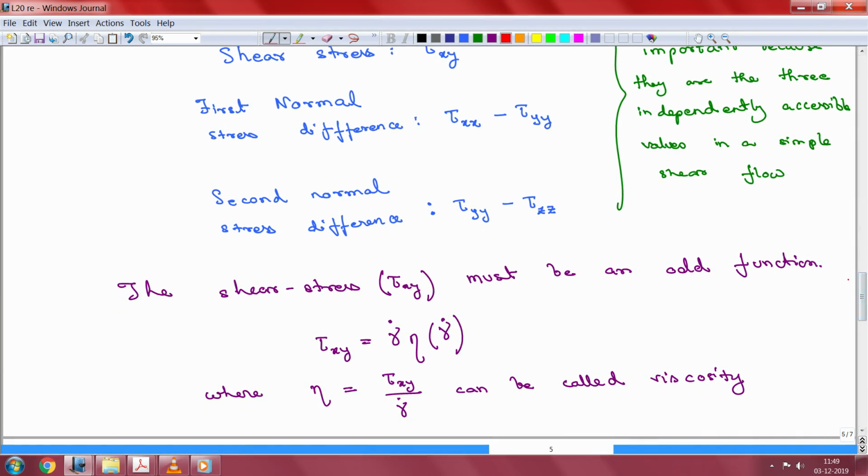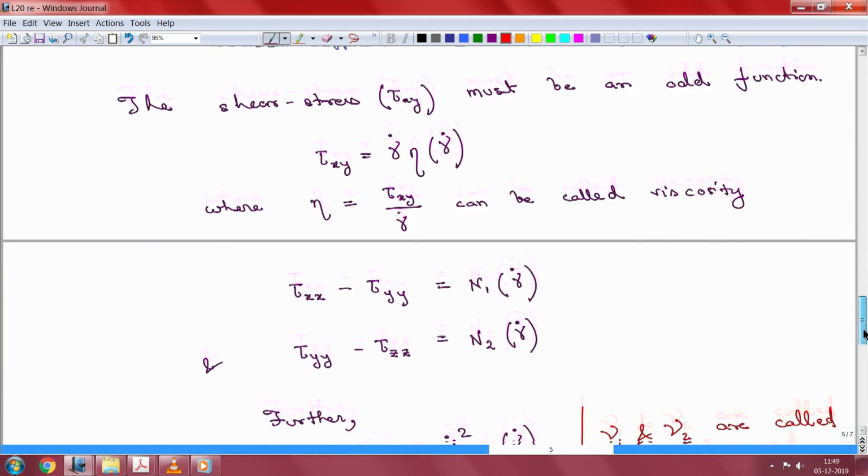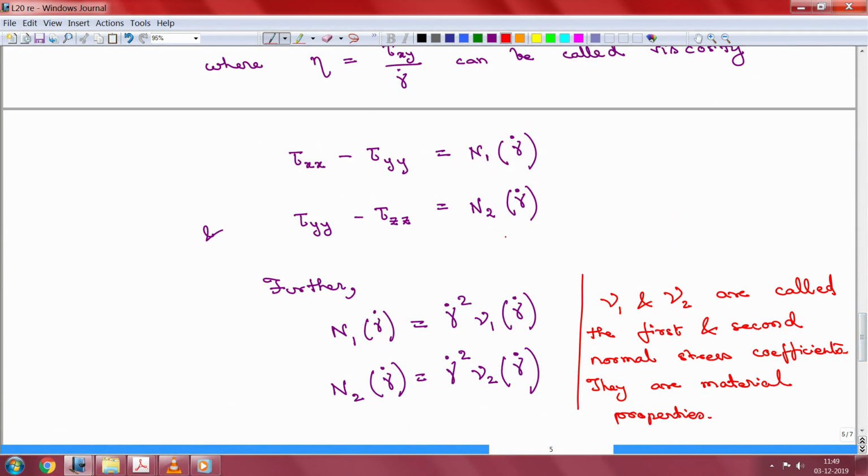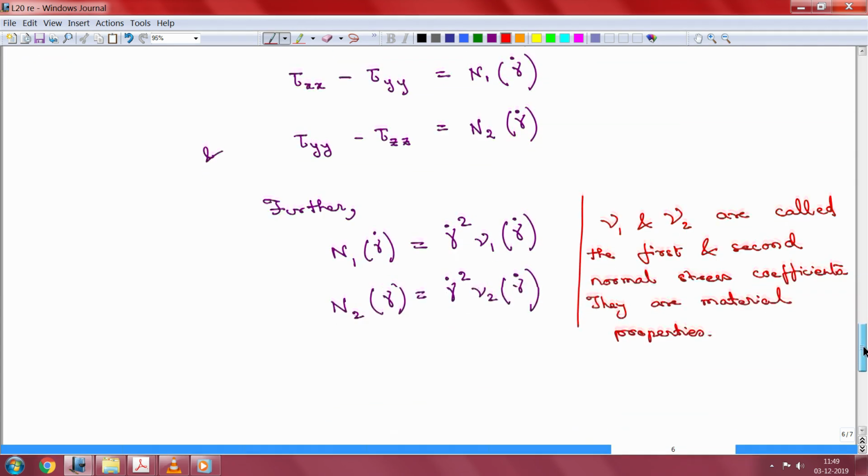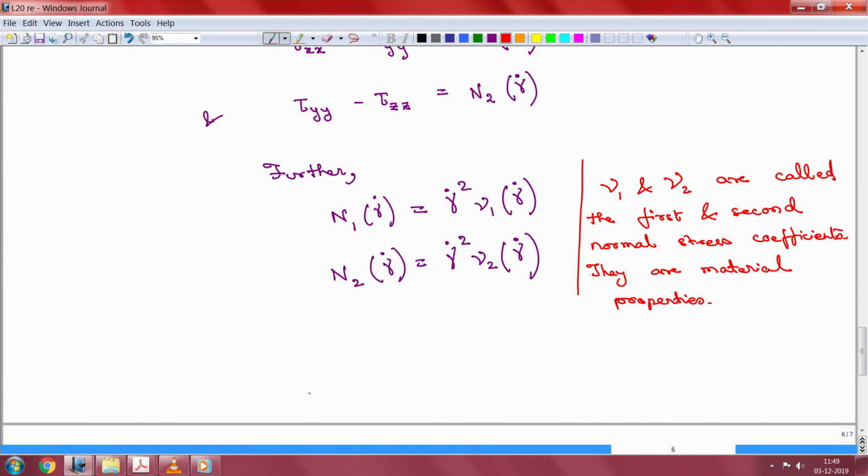Once you have done that, we have said that these are going to be some values n1 and n2, and then we further said that these are even functions, and this functional form we did not derive, but let us just assume that this is correct at the moment. You can look it up later in a more advanced course, why this particular functional form, but it is going to be gamma dot square multiplied by mu 1 and mu 2.